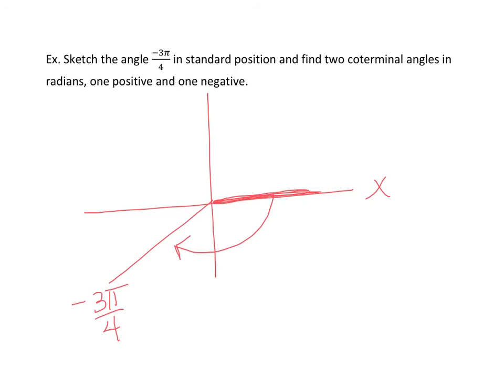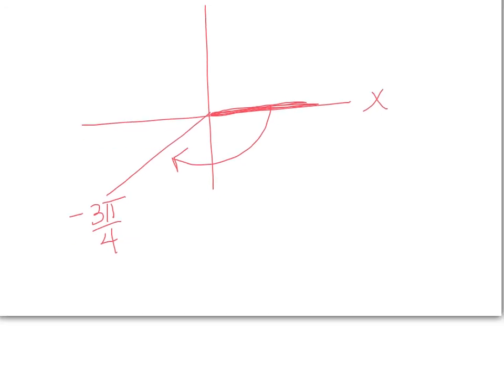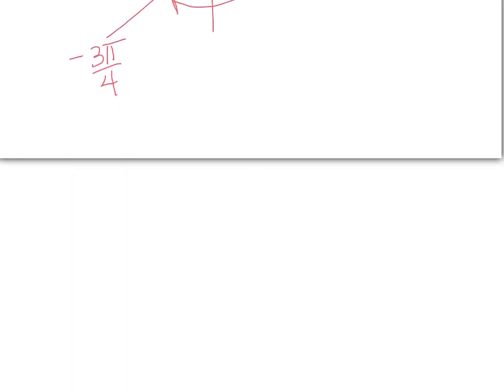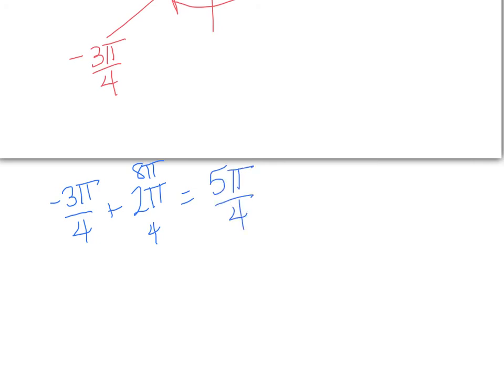Coterminal angles, one positive, one negative. We need to add and subtract 2 pi. So let's take our negative 3 pi over 4, add 2 pi. We know that's 8 pi over 4. Negative 3 pi plus 8 pi would be 5 pi over 4. So there's one coterminal angle.